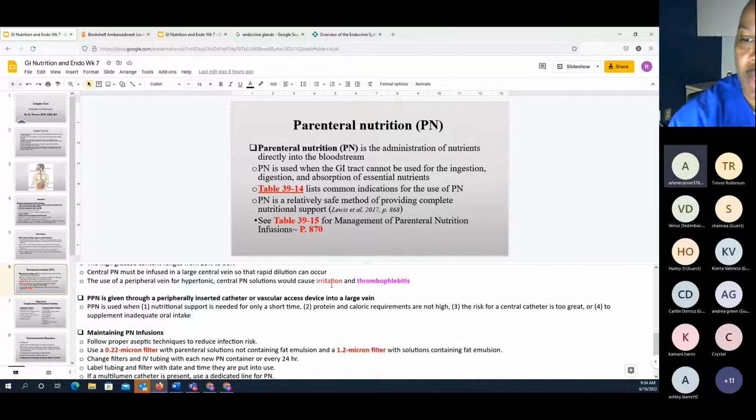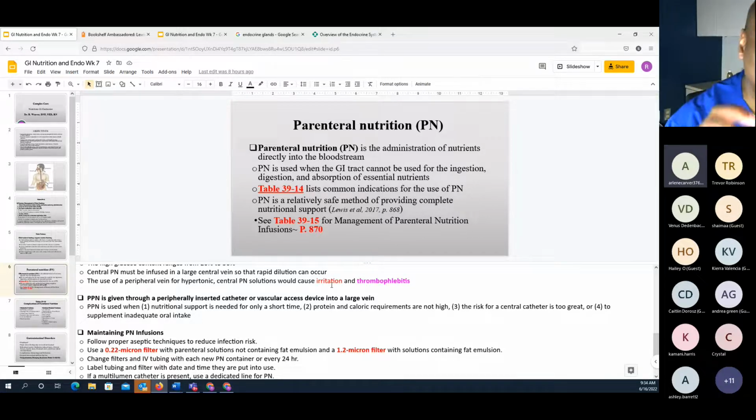But one of the things I really want you to understand about parenteral nutrition is that depending on the glucose content, if the glucose content is low, then you can use a peripheral line to infuse the TPN.